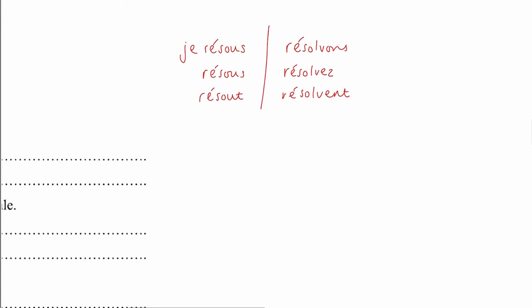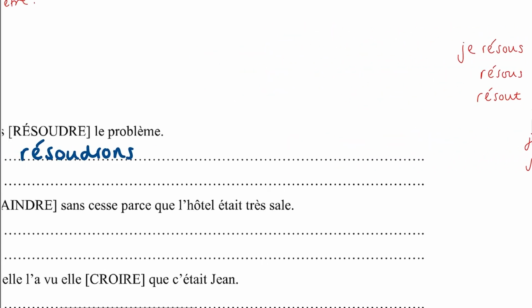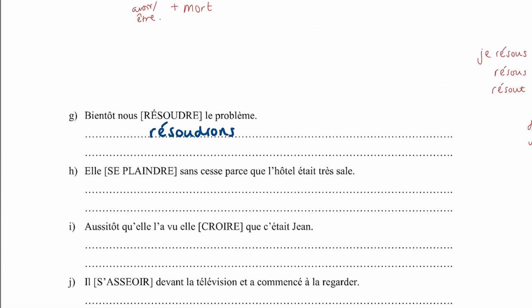In the future tense, je résoudrai, as we've seen in the future, and the past participle is résolu, j'ai résolu. And the imperfect we know because we get the imperfect from the nous stem, je résolvais. One of those things you are very much just going to have to learn. But that's fine. Bientôt nous résoudrons le problème.